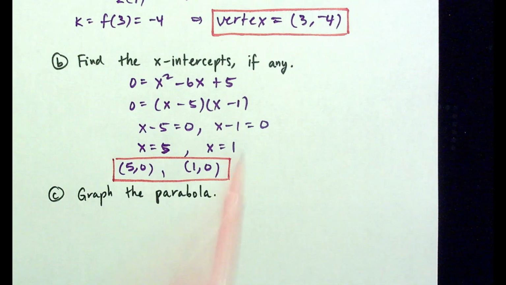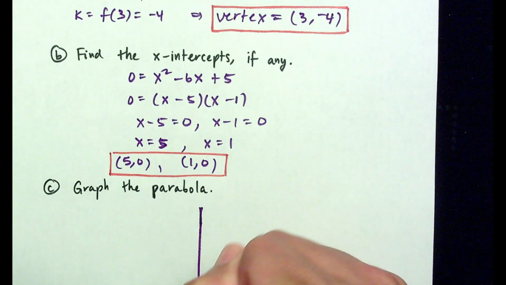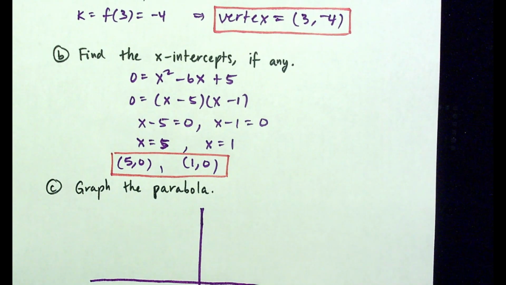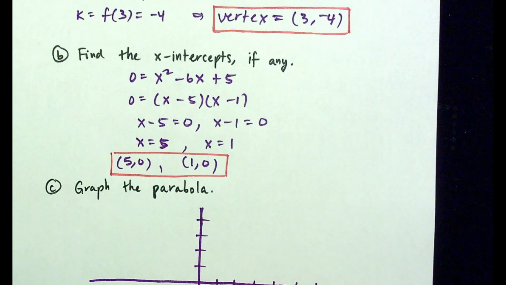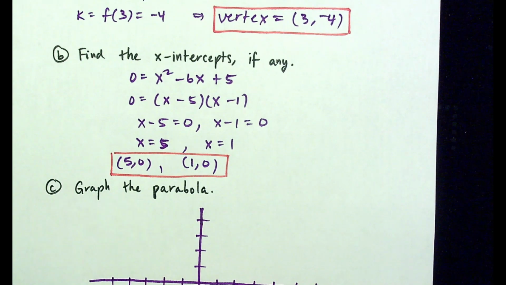All you have to do is plot the vertex, plot these 2 points, and connect them in the shape that you know parabolas are supposed to have. So let's do that. I'm drawing the axes.